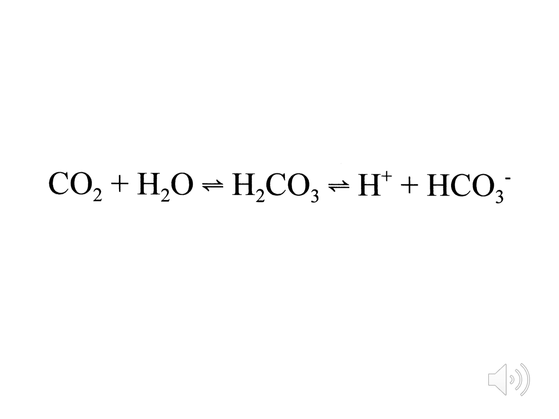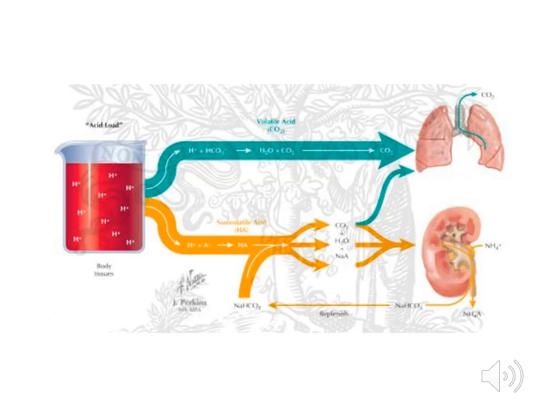So that's how the lungs get rid of carbonic acid, by breaking the carbonic acid into carbon dioxide and water, and then exhaling the carbon dioxide. So the lungs can only get rid of the carbonic acid. The kidneys have to get rid of every other acid, because none of the other acids that are produced are volatile.